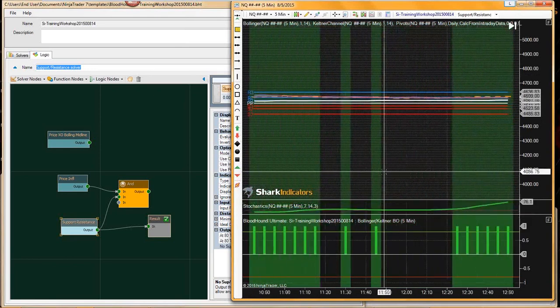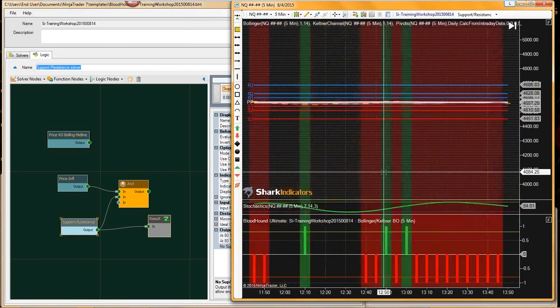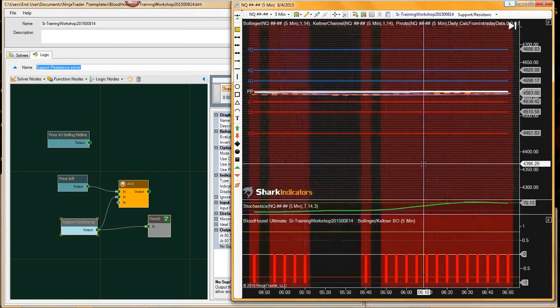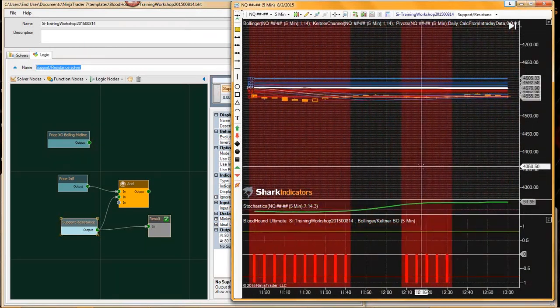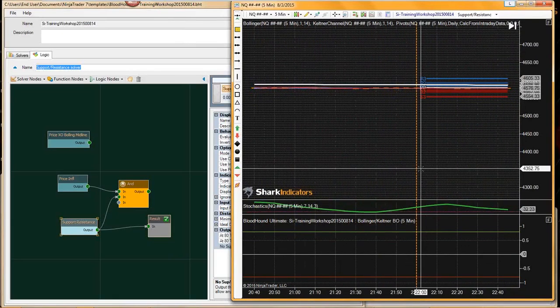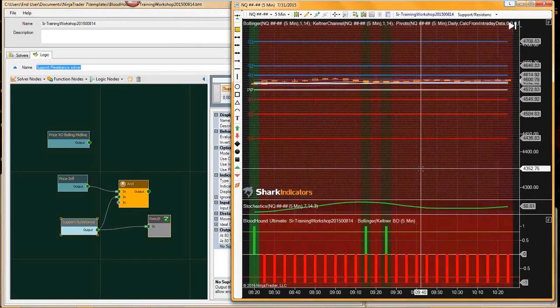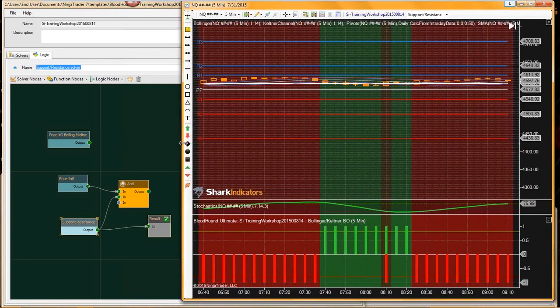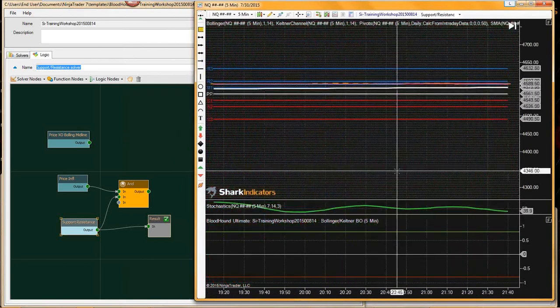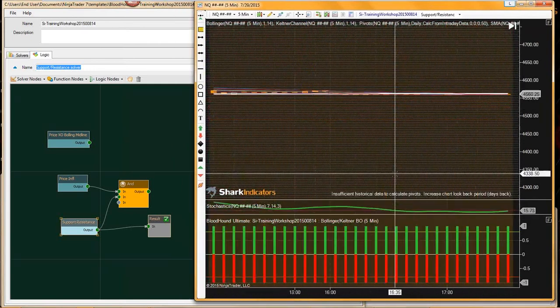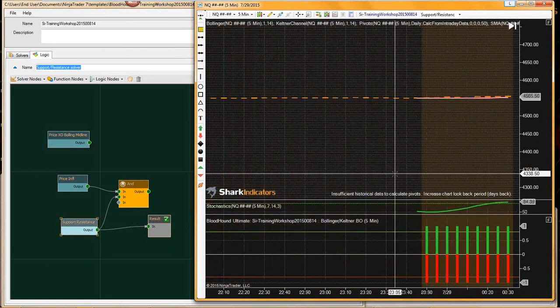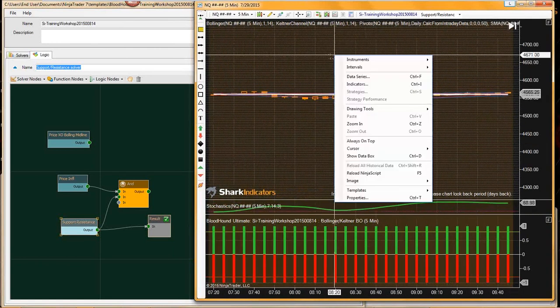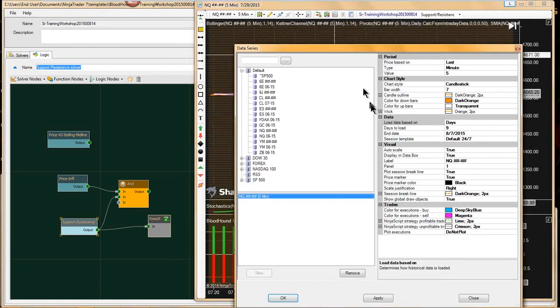It doesn't look like it ever happens. All right, let me add a few more days to the chart, and I'll give this one more shot here.